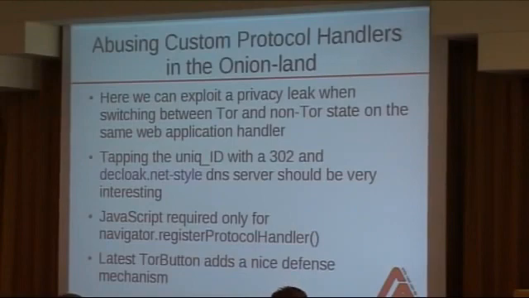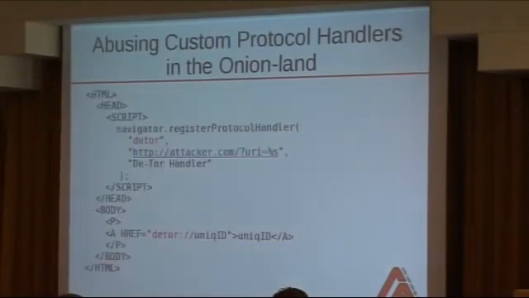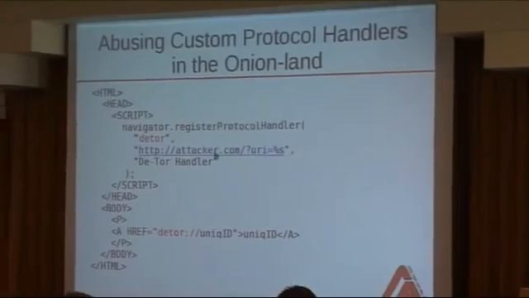Because when we use this piece of JavaScript, the registered protocol handler, we cannot provide any domain. We have to provide the same domain where the JavaScript is served. So this page is hosted at attacker.com, and we have to use attacker.com in the registered protocol handler function.